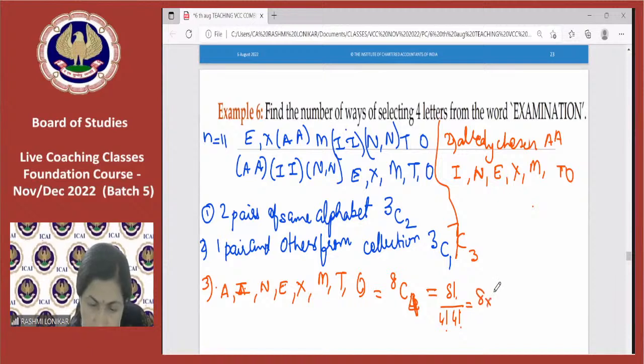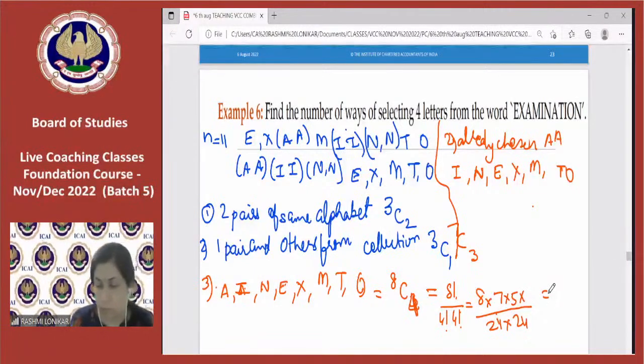So this is 8 into 7 into 6 into 5, that is 1680, divided by 24 divided by 24.